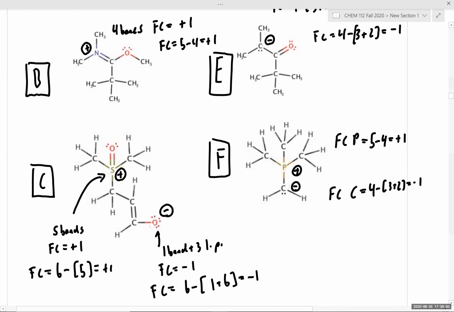So we've developed this skill of assigning formal charges to structures using bonding motifs or our formal charge equation. This is important because you have to be able to quickly assign formal charges to begin to assess and understand the structure and potential sites of reactivity in organic molecules.